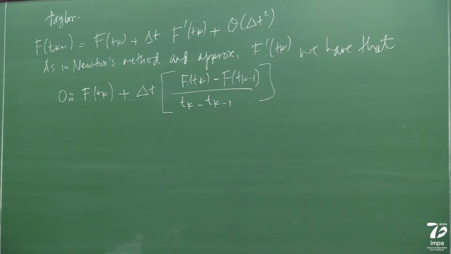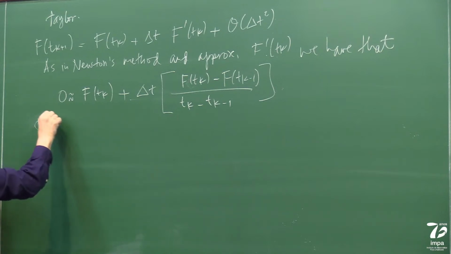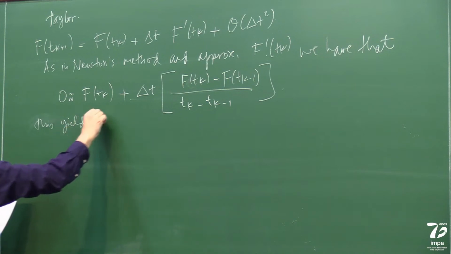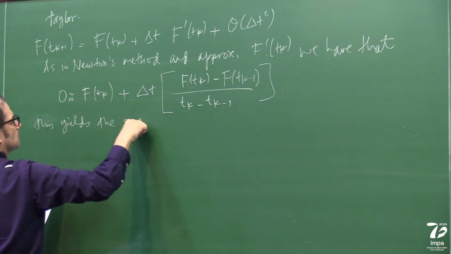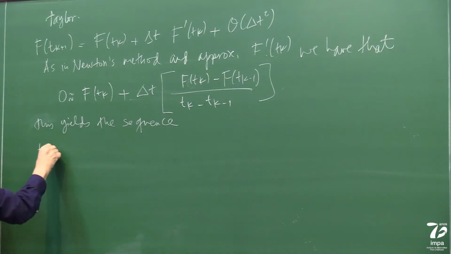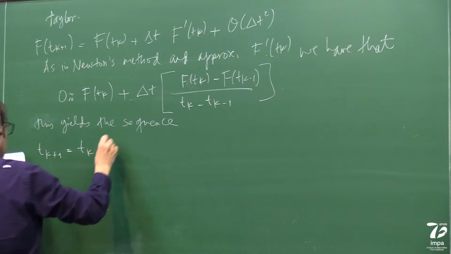Yes. And this eventually, well, in the notes you have one step, it's very easy, but we have that this. I put it like this. This yields the sequence, if I may call it this way, because it's our sequence of t_k's.